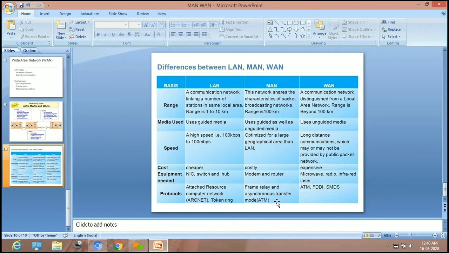We can add some points also, as we go through them in detail. These are the main points to be covered while talking about LAN, MAN and WAN. So this is an important topic also from the point of view of the examination.